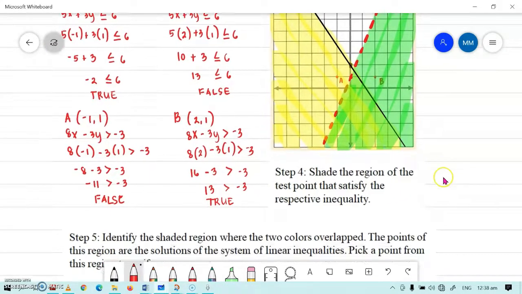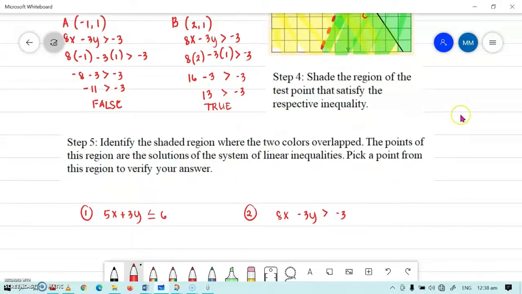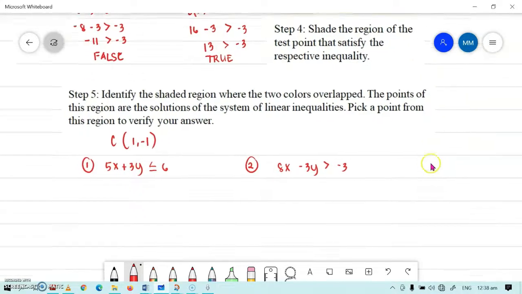Continuing to step 5, let's have a test point on the overlapped shaded region. Let's have this point as point C. The coordinates of point C are 1 and -1. So let's do now the checking.